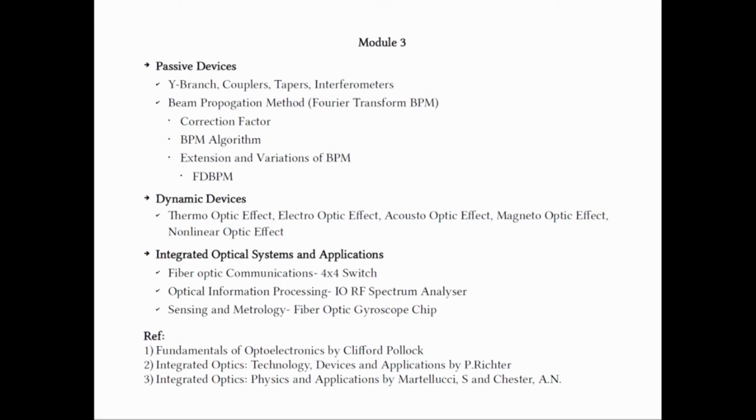We noted that they may not be very fast because of the slow nature of thermal phenomena. If you want high speed devices, one of the most popular techniques is the electro-optic effect, where you use applied fields and change the refractive index properties of the material.